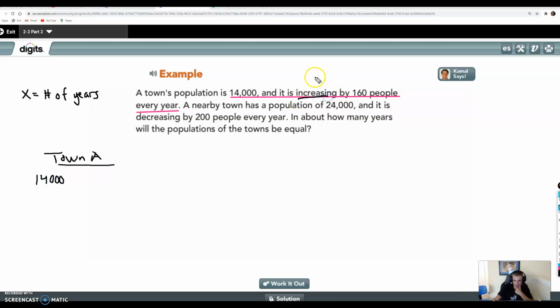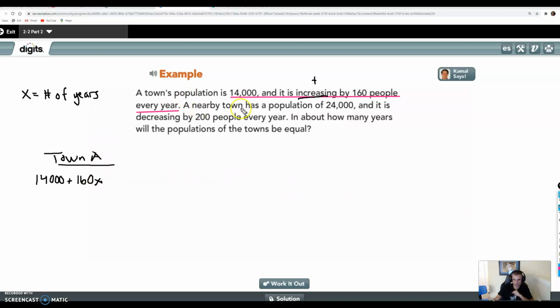It says increase right here. That means we're going to add 160 people every year. So that's plus 160x, because remember, x is our number of years. So this expression gives me the population of town A after x years.